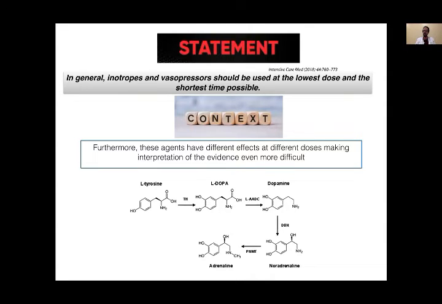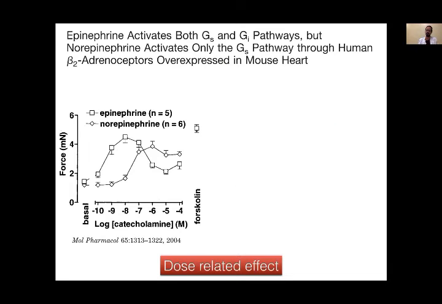So they are life-saving in some situations, and they are intermediate molecules that circulate in our body for all our life. So why should they be used cautiously? Because they may have detrimental effects and drawbacks, and those drawbacks depend on the dosage that we select for the specific catecholamine.